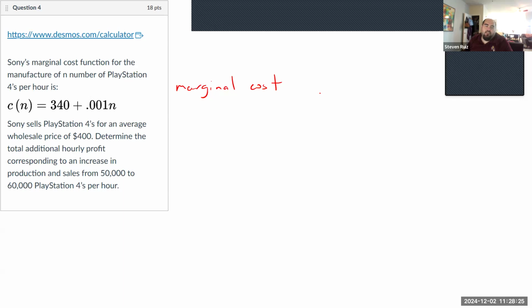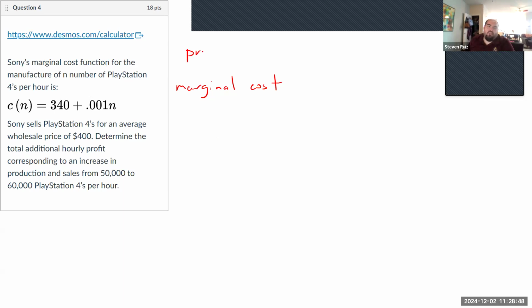If I want total profit, I need to integrate marginal profit. So how do I get from marginal cost to marginal profit? Let's remind ourselves of how those things are related.